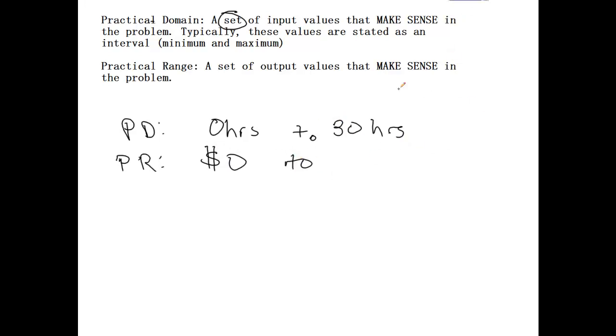I know that I get $8.25 an hour, so my pay for 30 hours would be $8.25 times 30, and that would come out to $247.50, I believe. Check me on that. So that would be my potential pay, practical domain, and practical range. I could do the same thing for the other problem.